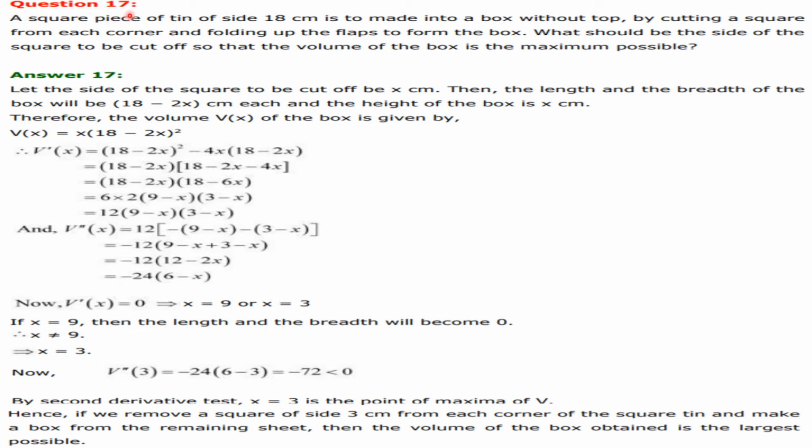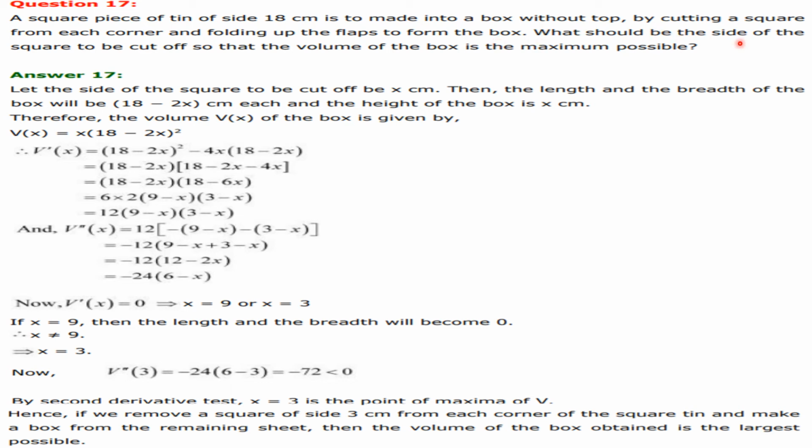Come to the 17th question. See this question. A square piece of tin of side 18 centimeters is to be made into a box without top by cutting a square from each corner and folding up the flaps to form the box. Understood this point, my children? Right.